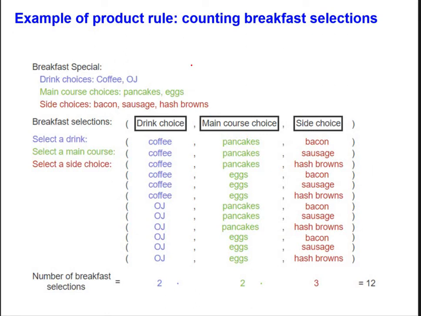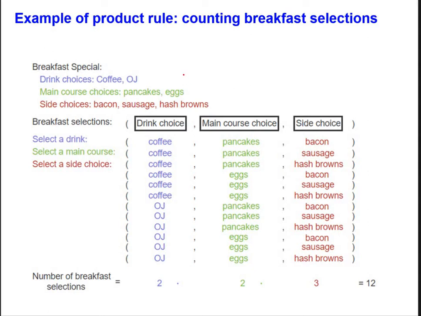I give an example to students. Let's say that you're on a strict diet, and instead of choosing one out of each, you have to choose one out of all of these. So you have to choose either coffee, or sausage, or eggs.